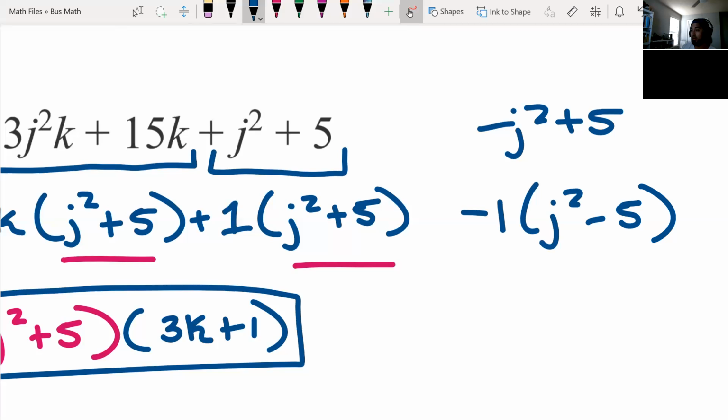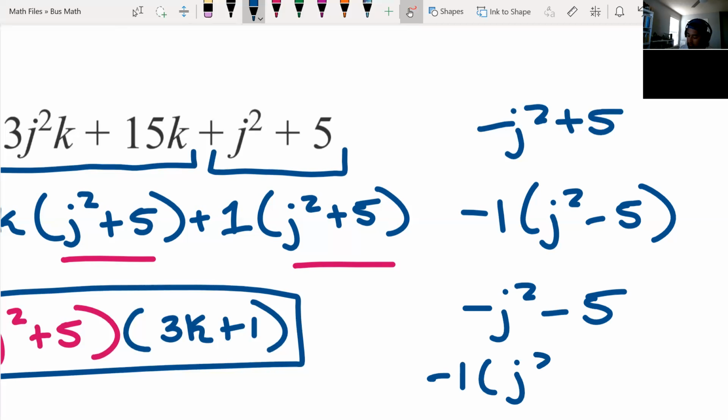When you factor out that negative, the 5 has to turn negative. But if the problem was negative j squared minus 5, and you took the -1 out, then you'd get j squared plus 5, which would match up.